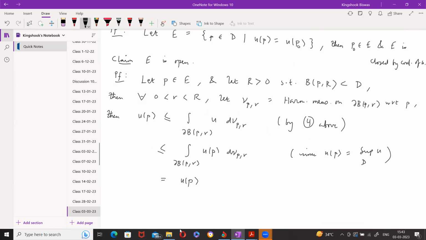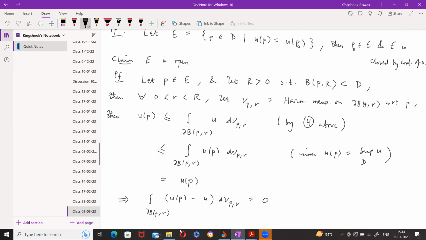Right. So that means that the integral over boundary B P R of U P minus U d nu P R is equal to 0.